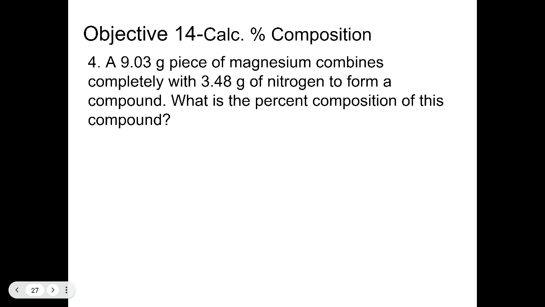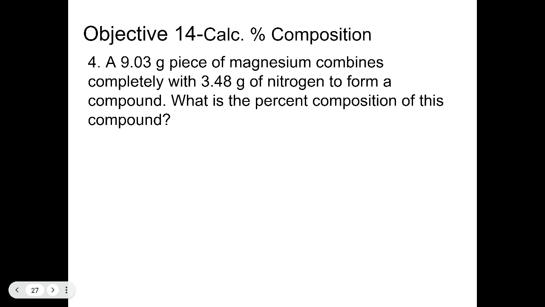So 9.03 divided by 12.51 times 100 is 72.2. Again, 3 sig figs because our numerator has 3 sig figs while our denominator has 4. So we're going to go with 3 sig figs. 72.2 would be how much magnesium is in this compound.